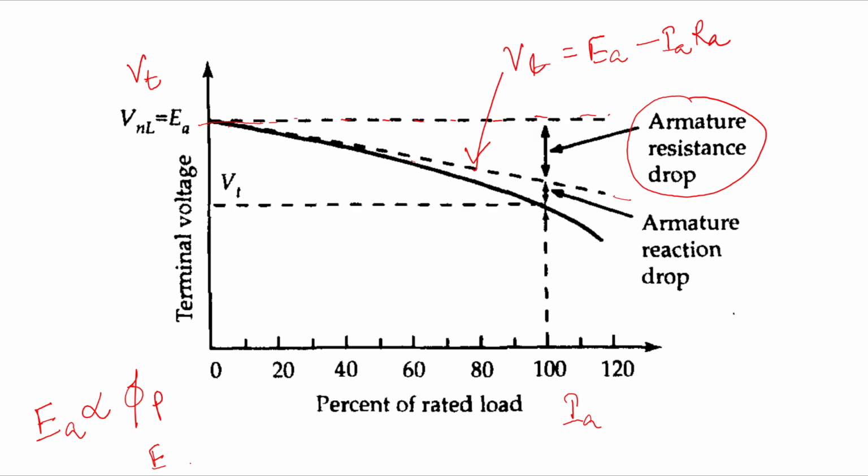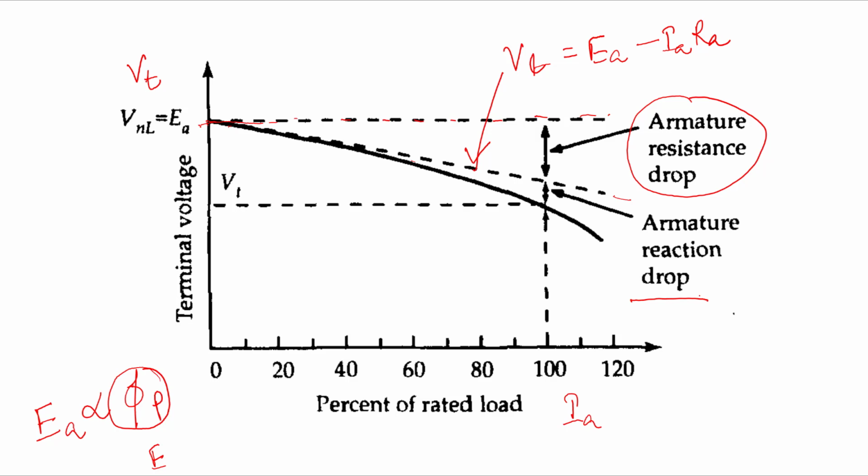And this phi p is not changing linearly, based upon the nonlinearity we have seen in how the armature reaction will counteract. Therefore, this terminal voltage will become a curve, and that is because of the armature reaction drop as shown here, right?